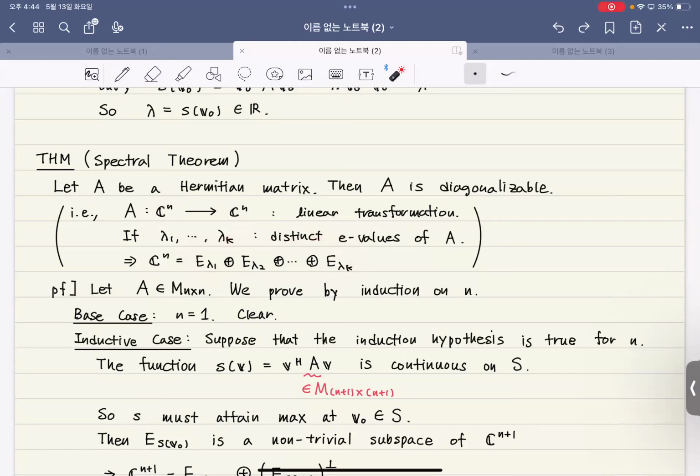Why? Because allowing a diagonalization means you can find a basis consisting of eigenvectors, right? And having such eigenvectors means you have such a nice direct sum decomposition of Cn.